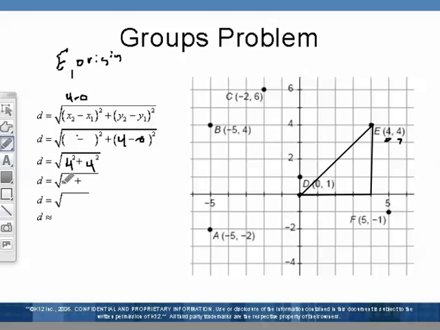And that's going to be 16 plus 16, or the square root of 32, and that's going to be 4 square roots of 2, which off the top of my head is something that I don't know, because I don't remember my square root of 2 multiplication facts all that well. I get approximately 5.65.